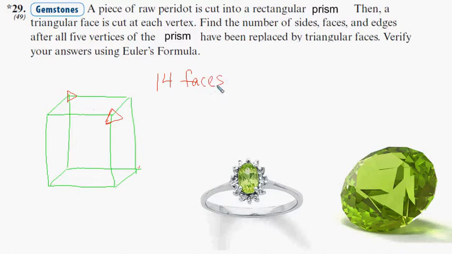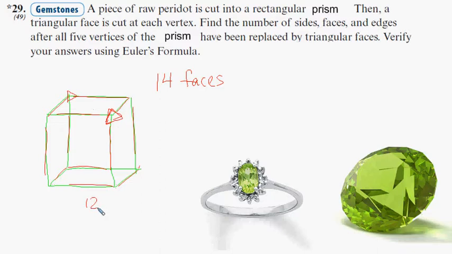And then the next thing we can do is find the edges. Edges are a little hard to find too, but if I can count those up, I know I've got 1, 2, 3, 4, and then 5, 6, 7, 8, and then 9, 10, 11, 12. So there's 12 if I don't count all the ones that were added because of cutting in these triangular faces.